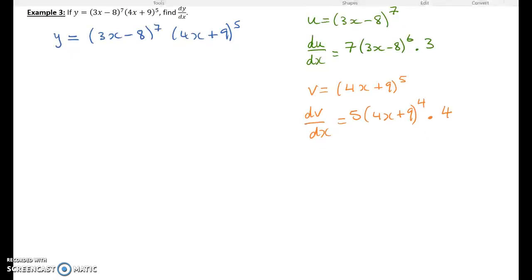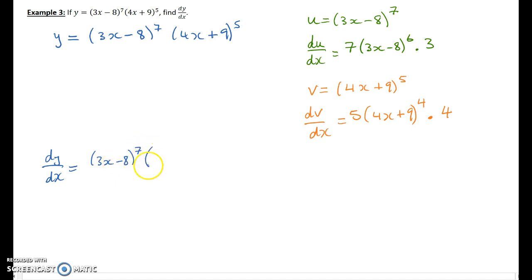Okay, so now going back to dy/dx. dy/dx is u dv/dx plus v du/dx. The first, (3x minus 8) to the power of 7, by the derivative of the second, so u by dv/dx, which is 5 by (4x plus 9) to the power of 4 by 4.